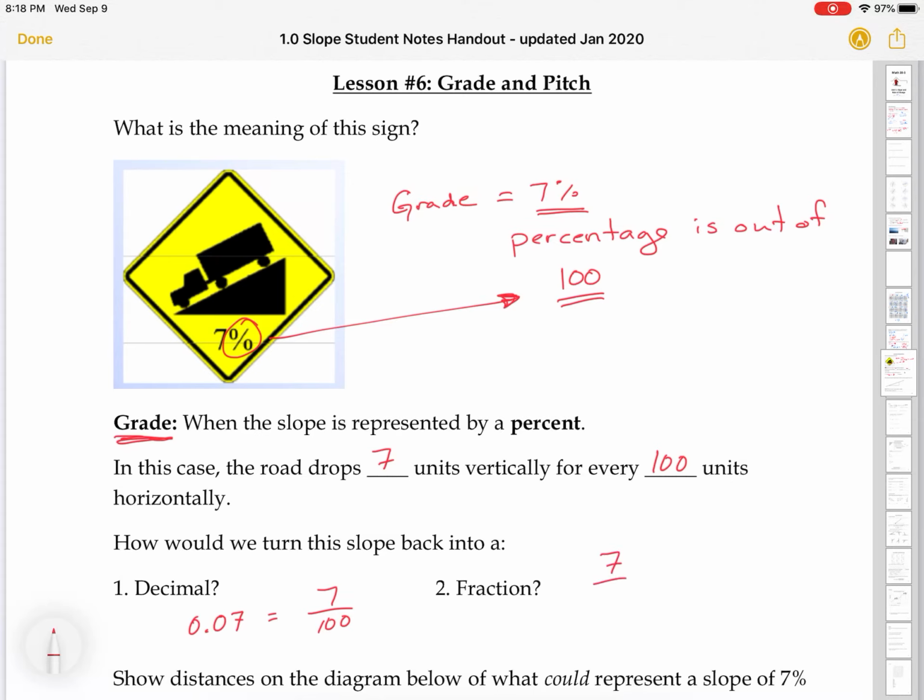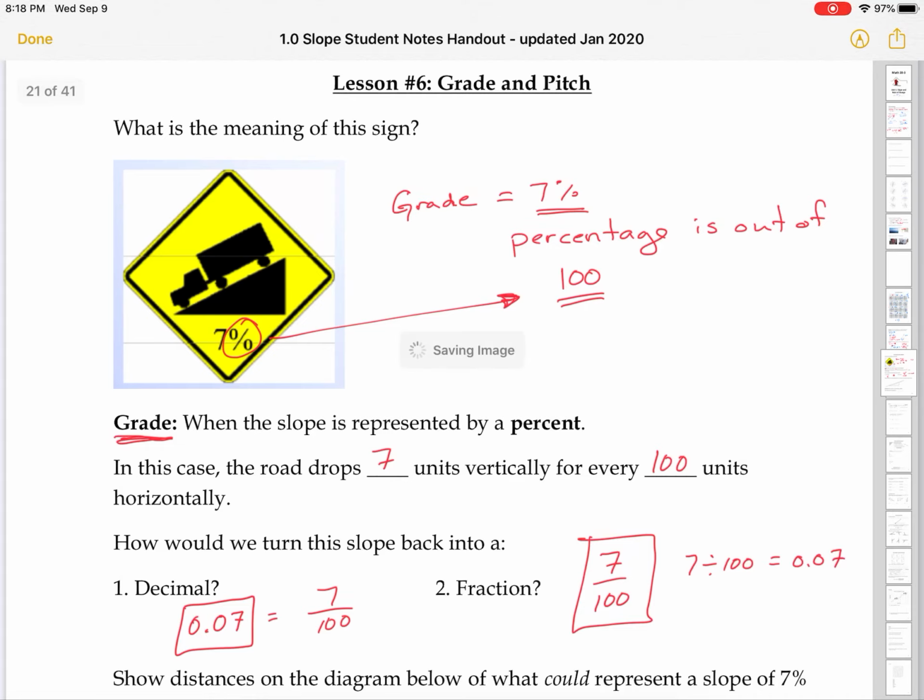Well, remember, it's always out of 100, so it would be 7 out of 100. So the decimal would be 0.07, and the fraction 7 out of 100. Sometimes it's easier to write it as a fraction and then divide, because if you do 7 divided by 100, you're going to get that decimal answer. Okay, so as long as you remember that it's out of 100 and then go from there, you should be able to get what you're looking for.